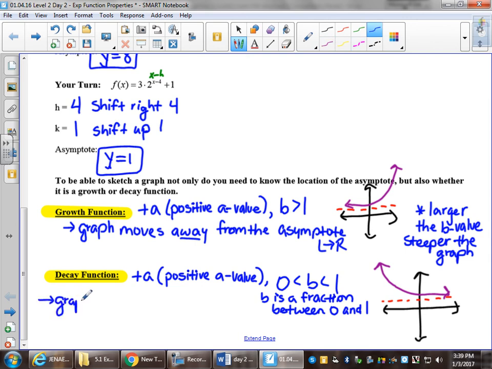Graph moves toward the asymptote. Left to right, so here it's away. With decay, it's towards.